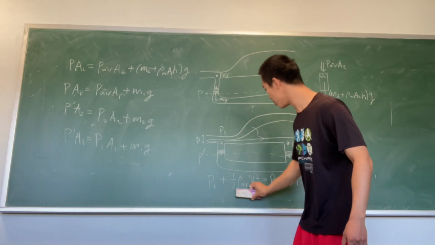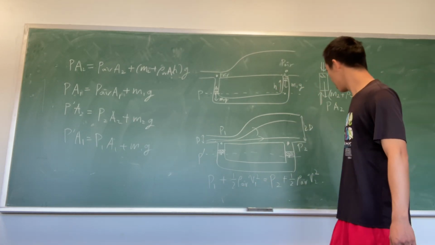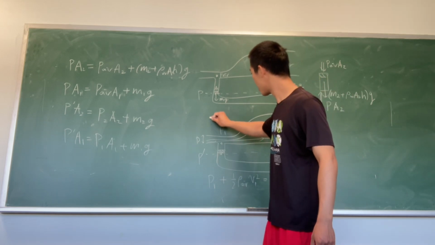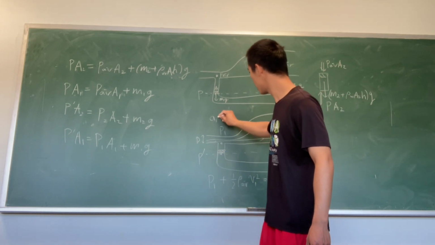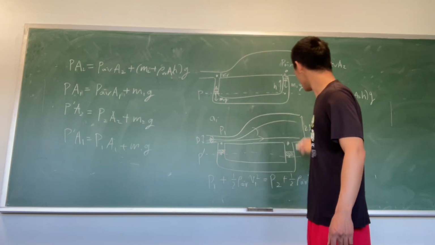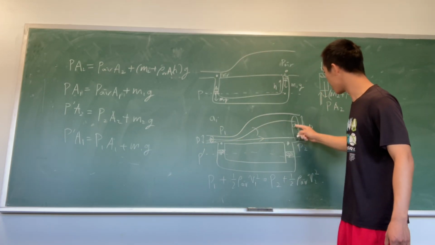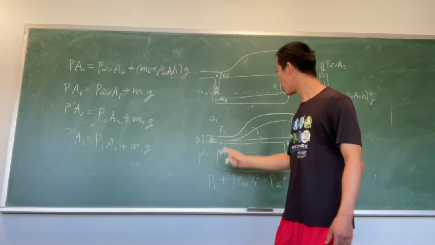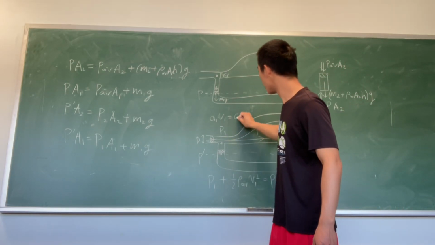Alright, so let's call this small a1 the area at here, and then A2 is the area at here because I already used big A for the area here. So we know A1 V1 should equal A2 V2.